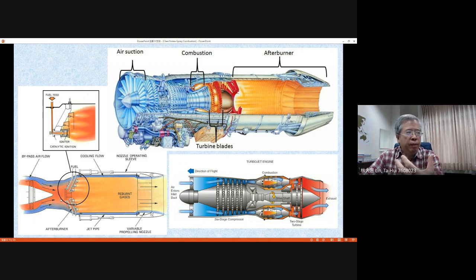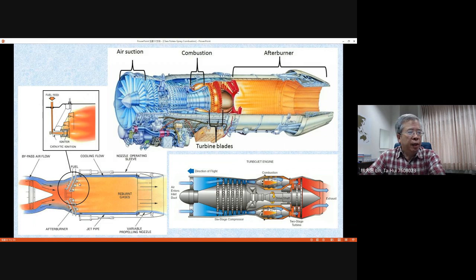Now you have oxygen, but you need to supply additional fuel, right? Here for the afterburner, you have another fuel supply line. Here you can supply the liquid fuel into several small burners, and those burners will provide the burning in the downstream of your nozzle.